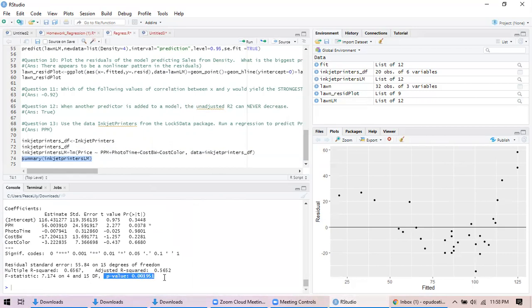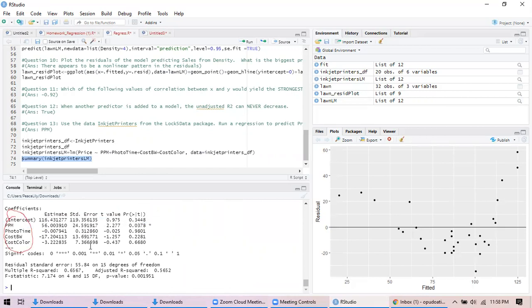So that is the p-value, but there's another p-value over here, right? If you look at ppm, photo time, cost BW, and cost color in the coefficients, those guys. Do you see that one? Here, I'll mark it so it's easier to see. So you see these guys right here?